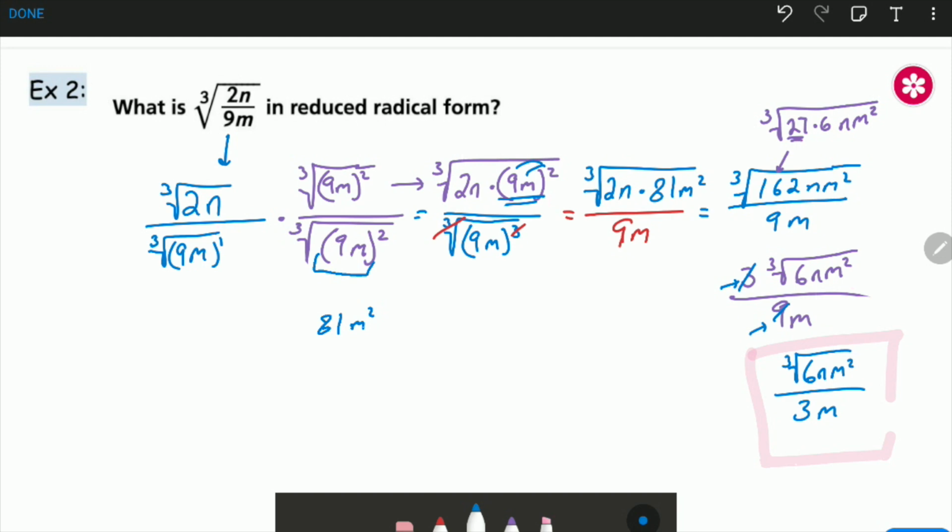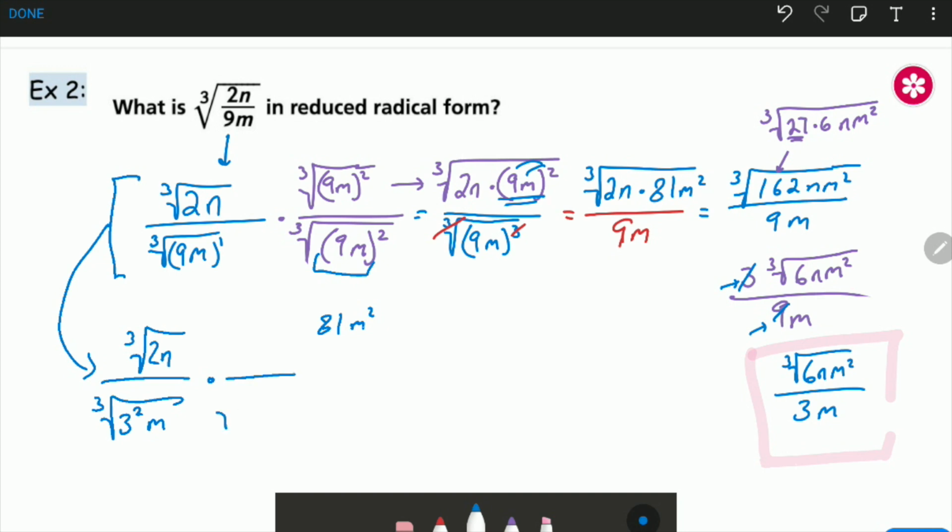I could have also rewritten it at the start as the cube root of 2n over the cube root of 3 squared, because that's what 9 is, times n. And then I would have just had to multiply by the cube root of 3m squared. So there's a number of approaches sometimes you can take for these problems, but what I gave you at the beginning was a general format that I could do.